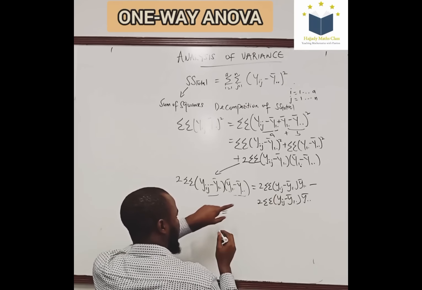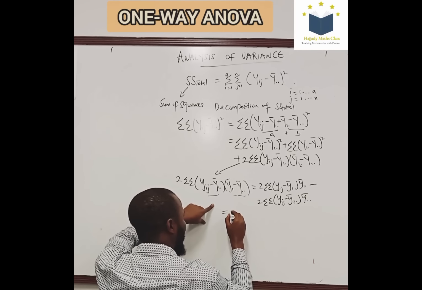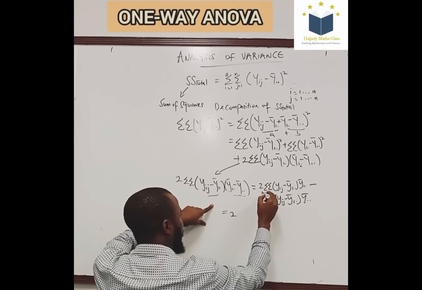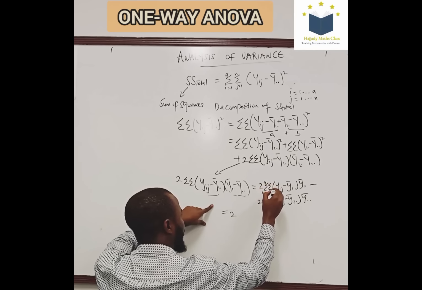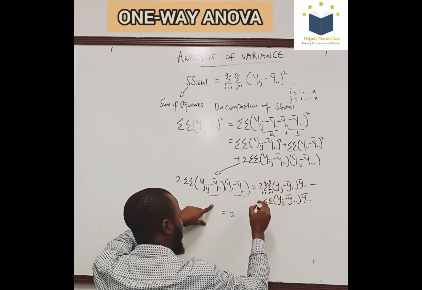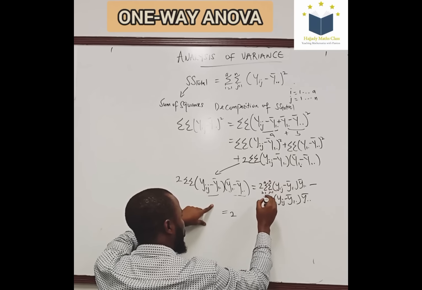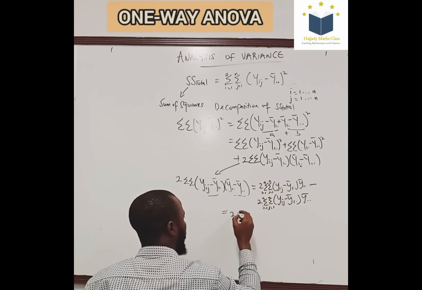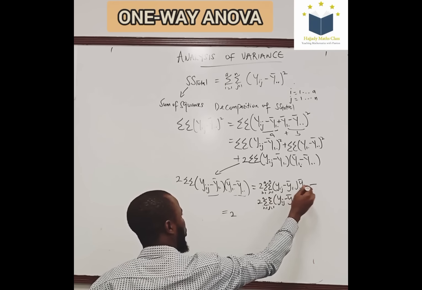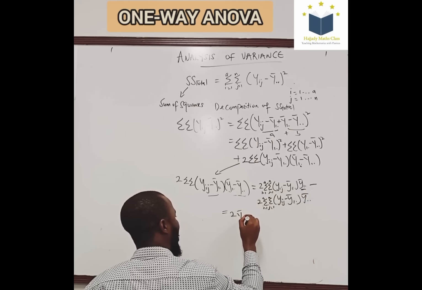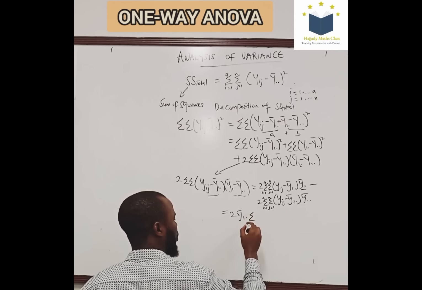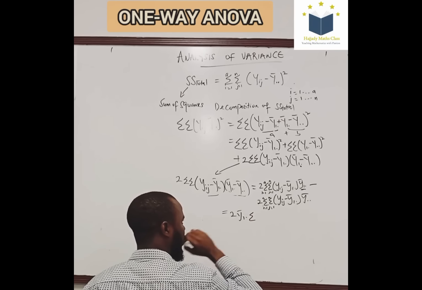solving this is the same thing as you having 2, and don't forget, i ranges from 1 to a, my j from 1 to what? n. So my i sums from 1 to a, my j from 1 to n. So I have 2 y bar i dot summation, okay?